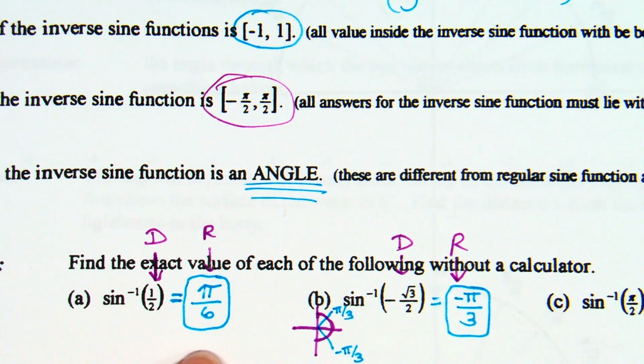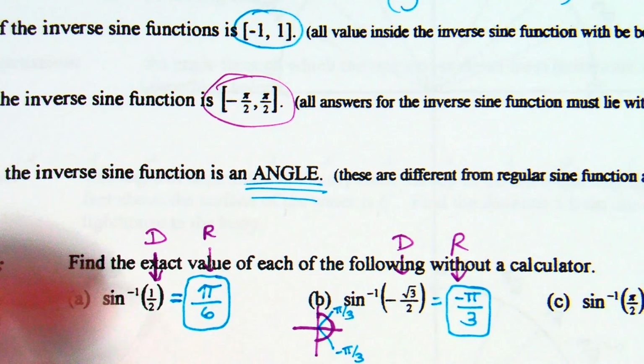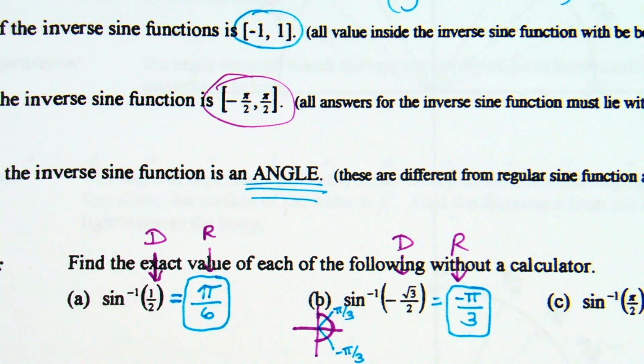And I should have done this before we started, but is 1/2 a good domain value? Does that fall in the possible domain values of -1 to 1? And it does. Because if that's not a valid domain value, you can't answer the question. Okay, so π/6 is our answer there.